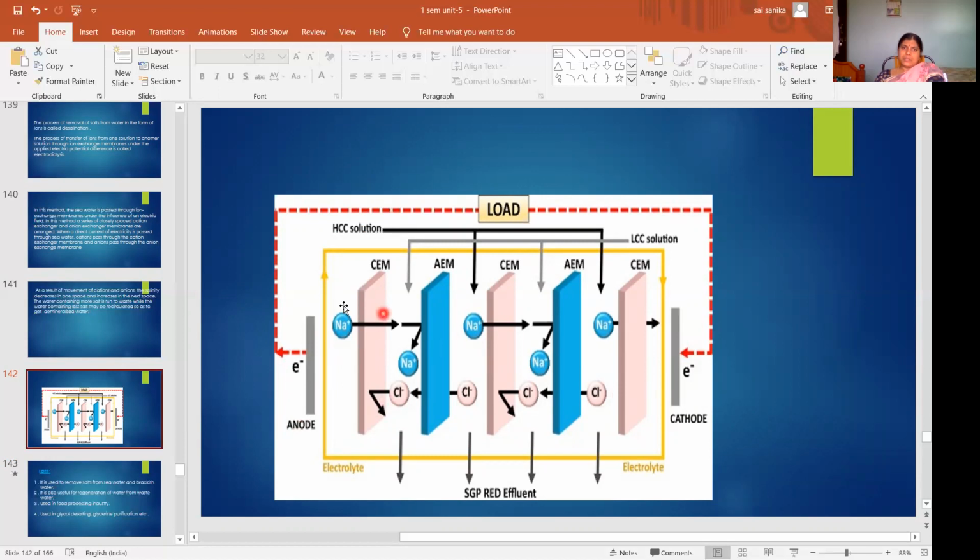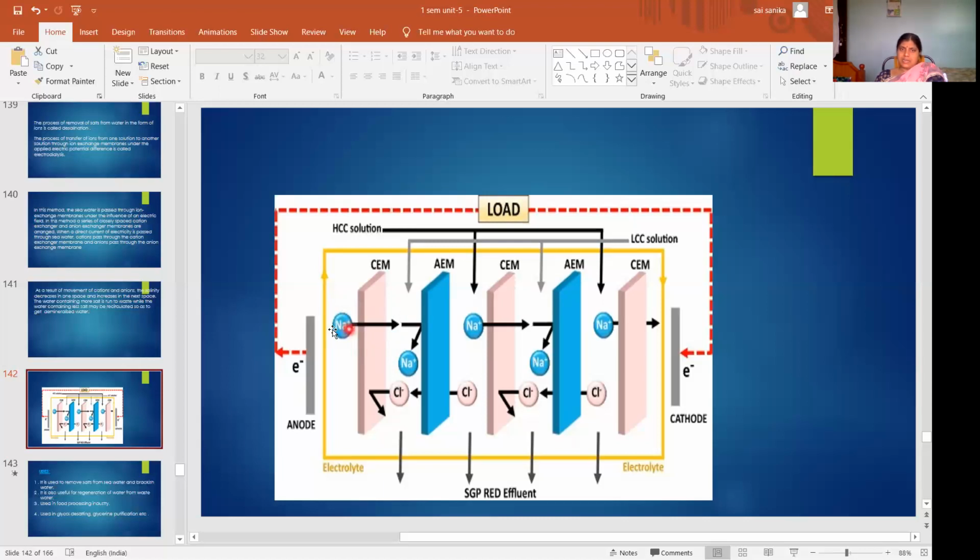Cations are positively charged, so they will move to the cathode, and anions are negatively charged ions, they will move to the positively charged electrode. Here this cation exchange membrane is the negatively charged membrane, so cations will pass through it, as they are attracted to the negative charge.